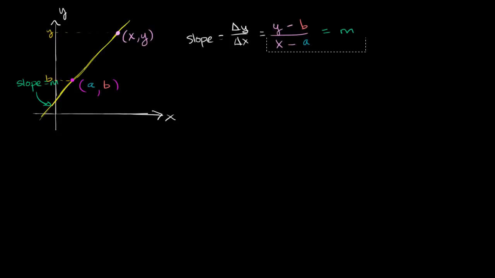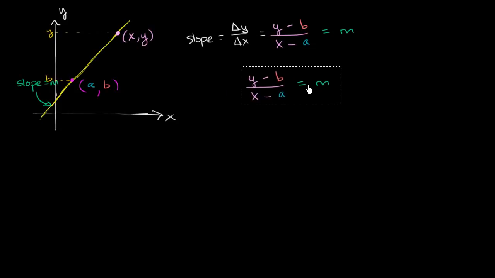So let me paste that. To simplify this expression a little bit, or at least to get rid of the x minus a in the denominator, let's multiply both sides by x minus a. We put some parentheses around it.